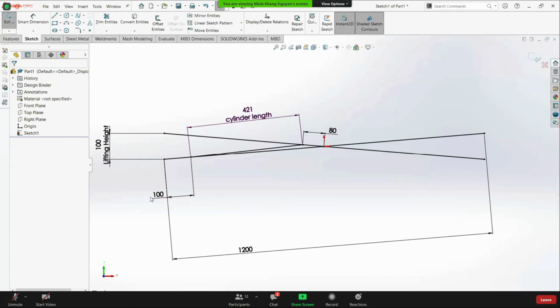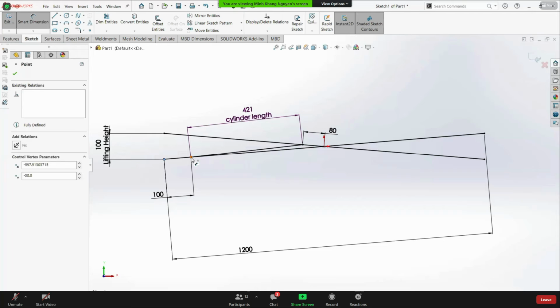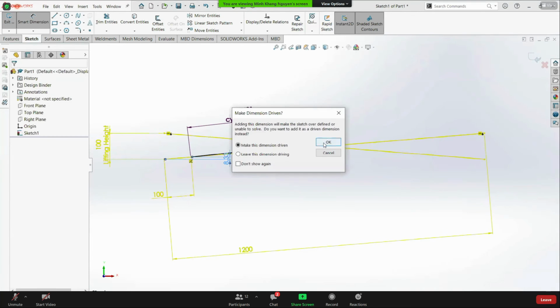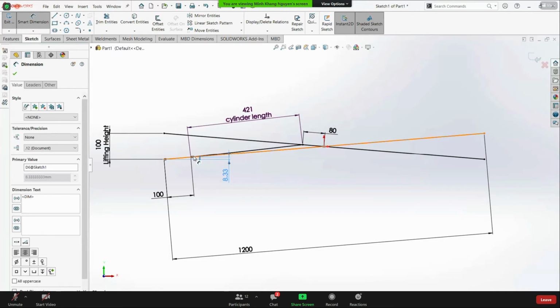So in here, when I dimension these things here, it's just 8 point something. So if we attach the cylinder here, the cylinder might end up touching the ground with 8 point something.